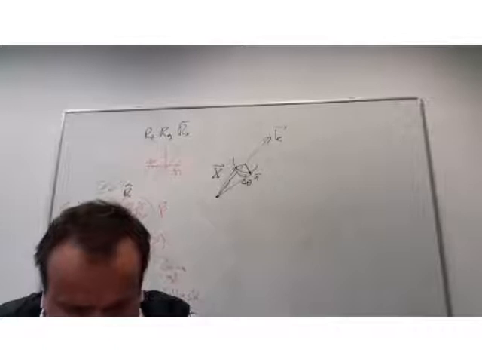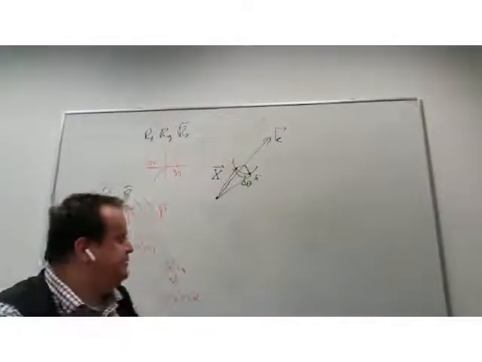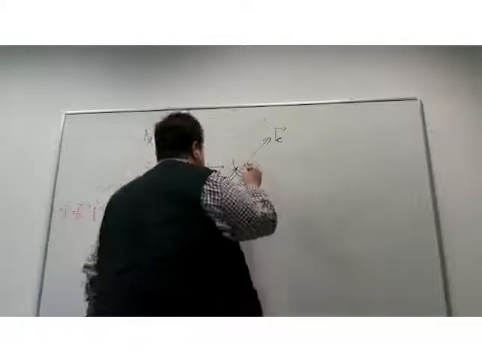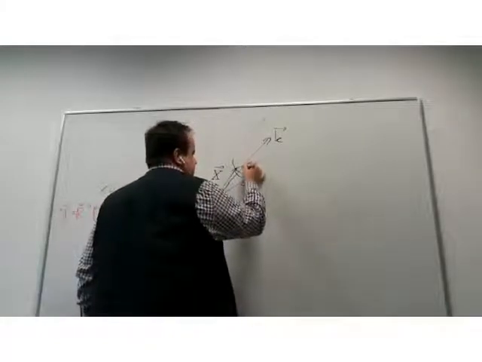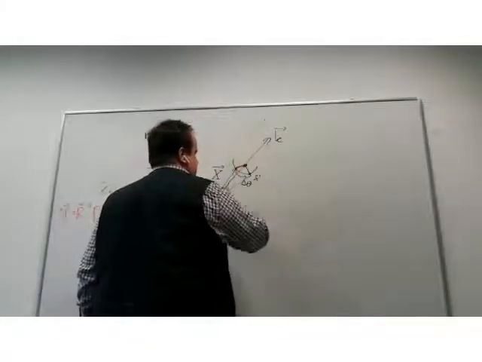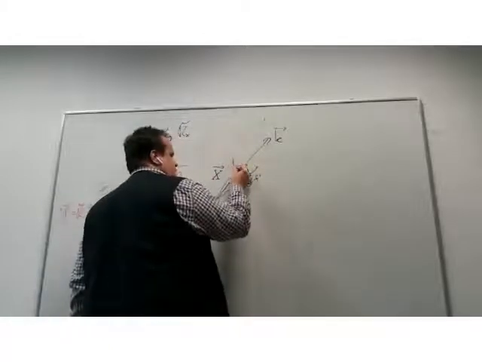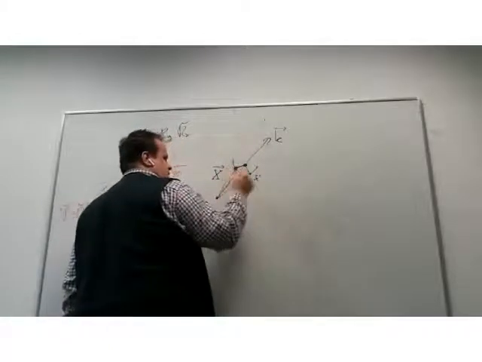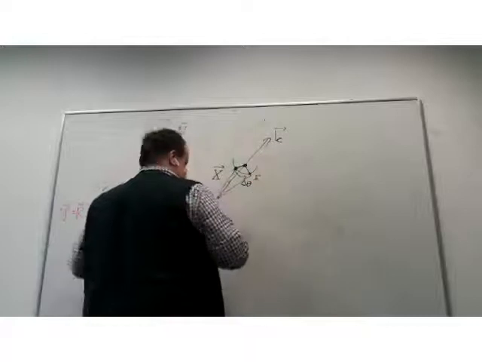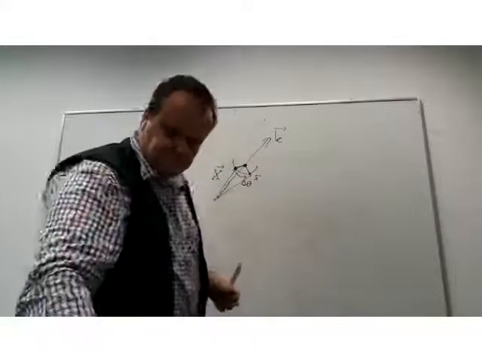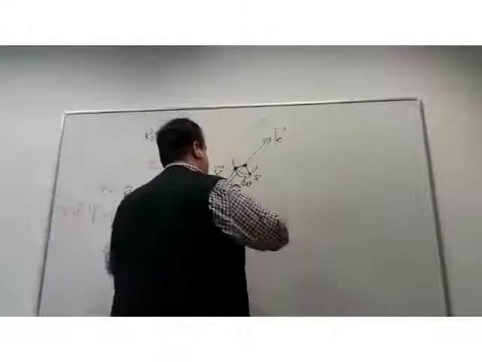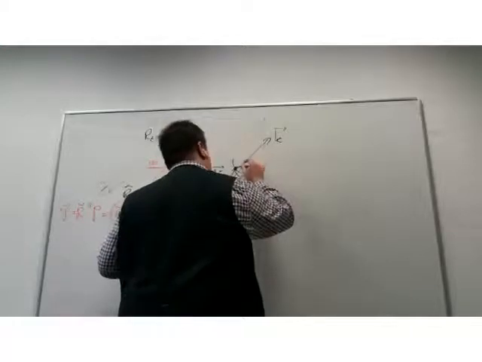And so I define a vector here, and now I need another intermediate vector which is orthogonal to it. Why do I need it?